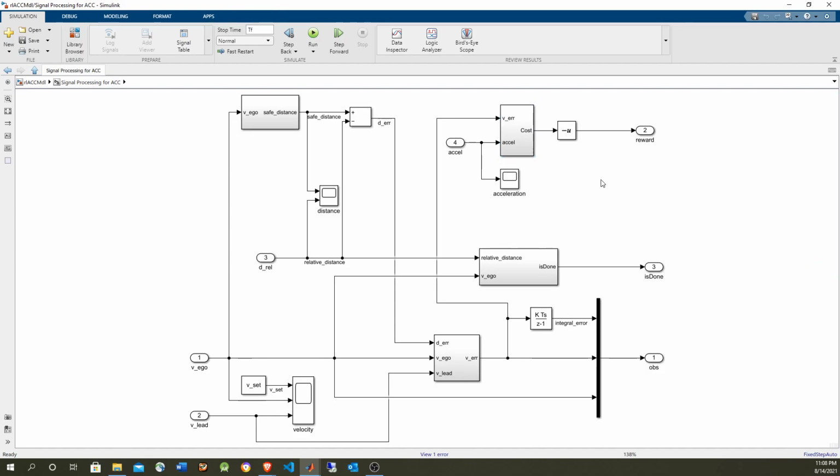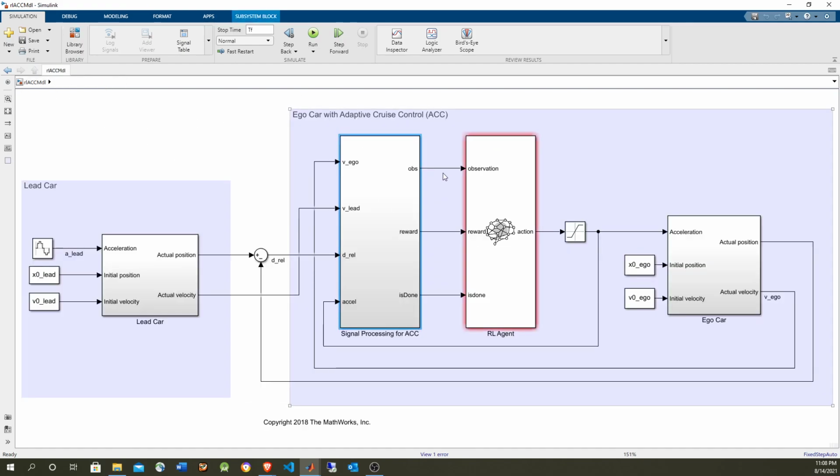Now finally, you got the observation, you got the reward, but you also have the is-done flag. This means that in order to train the reinforcement learning agent, you're going to do a lot of experiments, and sometimes the experiments can go really bad. For example, you crash your car with the one in the front, or your car stops.